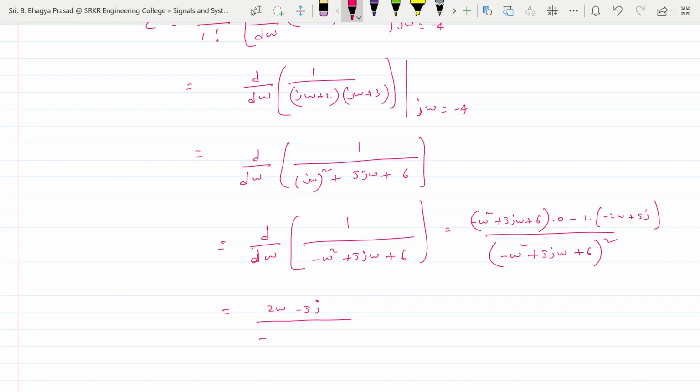Okay, so you will get 2 omega minus 5j, and minus, so I will make this same, right? And I will write minus omega square plus 5 j omega plus 6, and in the numerator also I will write this 2 omega as minus 2 omega minus 5j. I will directly substitute j omega equal to minus 4.